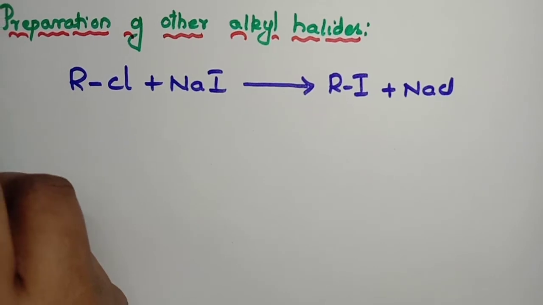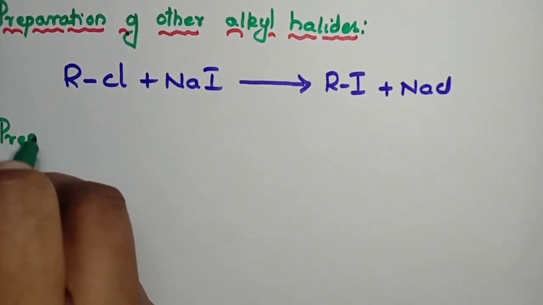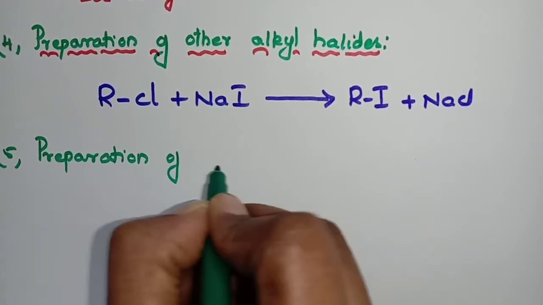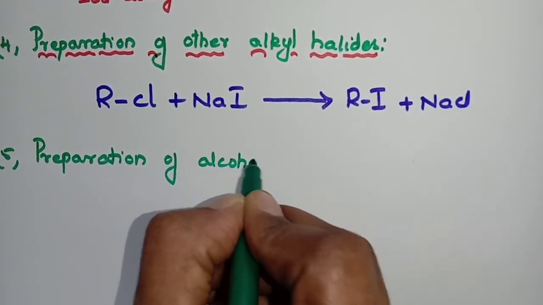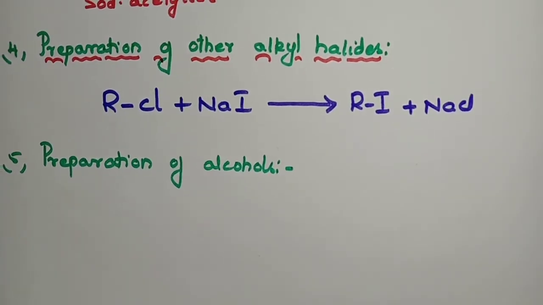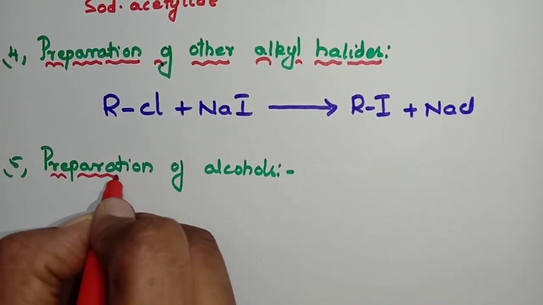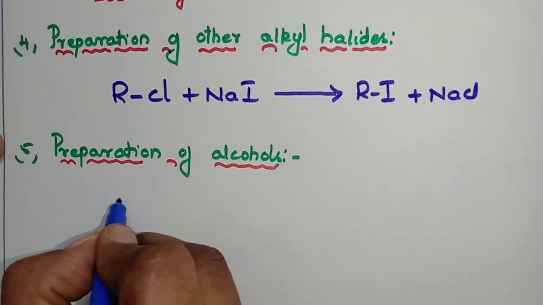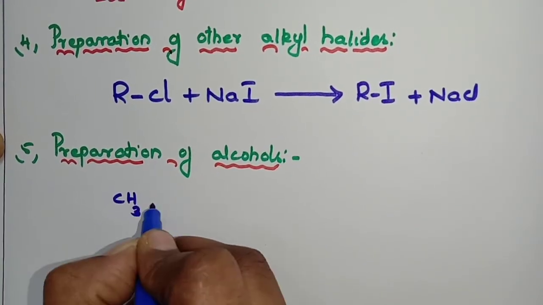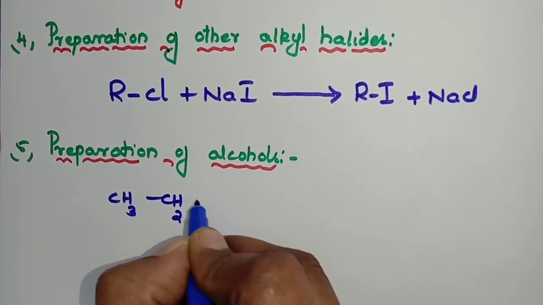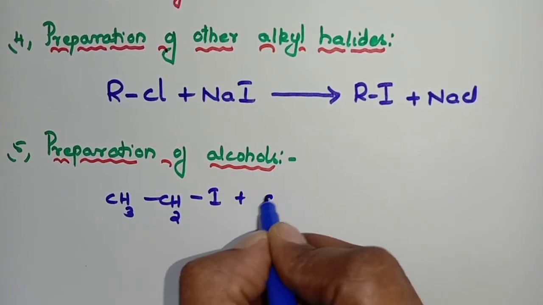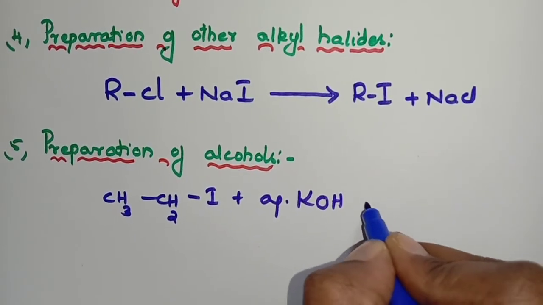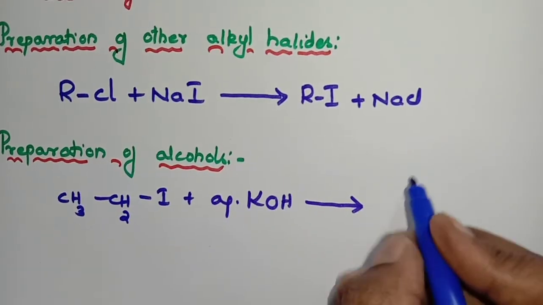Next, fifth one, preparation of alcohols. Put the side heading, students. Preparation of alcohols. Okay, writing down the reaction, taking the example CH3CH2I plus aqueous KOH, that means KOH in water, gives, what is this?